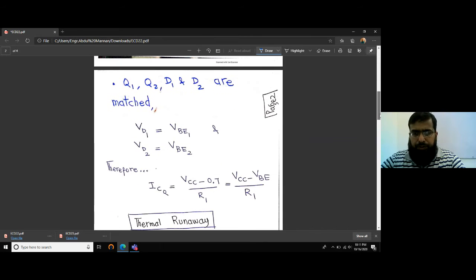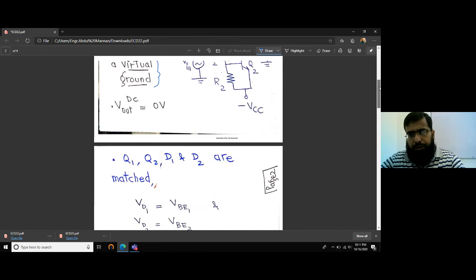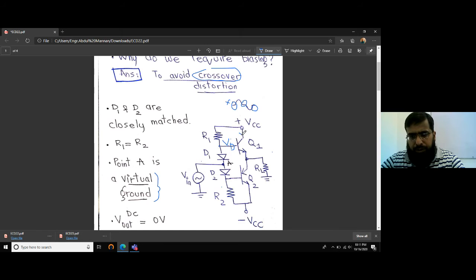So VCC minus VD, which is 0.7, divided by R1, is the ICQ. This current flows in this collector, or in this collector. So in both collector terminals we have the same current, ICQ, which is equal to VCC minus this voltage drop divided by R1.